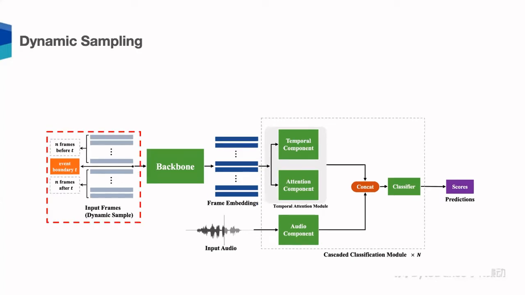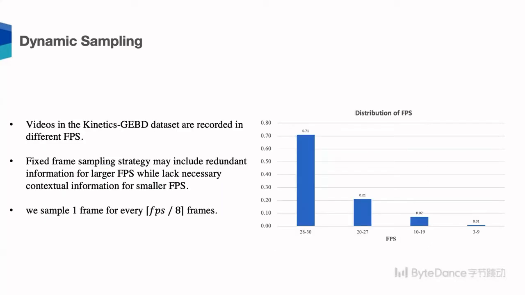First, we will introduce our dynamic sampling strategy of input frames. Videos in Kinetics-GEBD are recorded in different FPS. We counted the FPS distribution in the Kinetics-GEBD training set. The results are shown in the right figure. We can see 71% of video FPS around 30, 21% of videos FPS in the range of 20 to 27, and around 10% of videos FPS below 20.